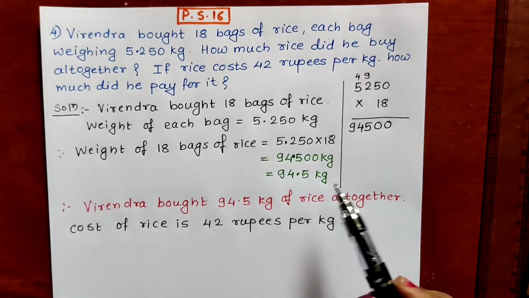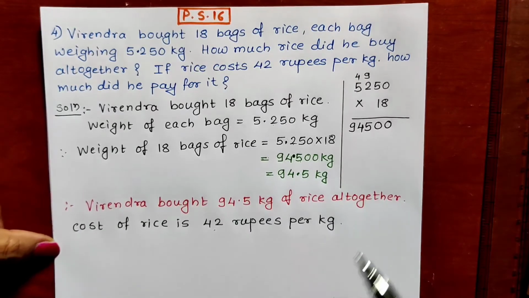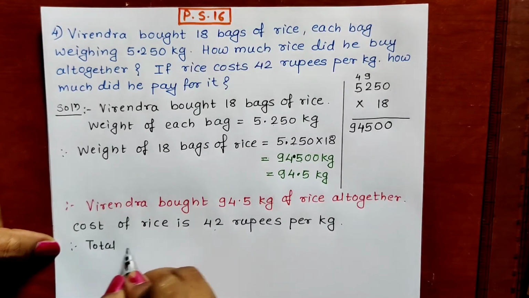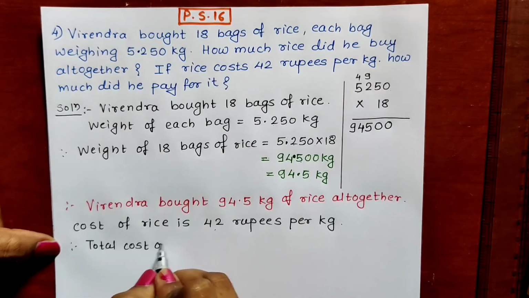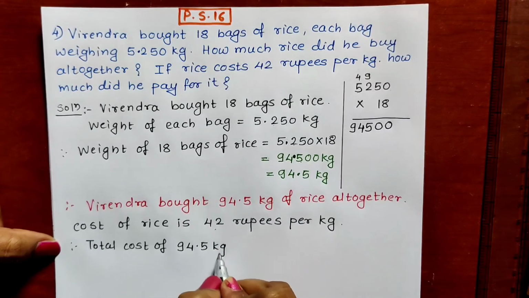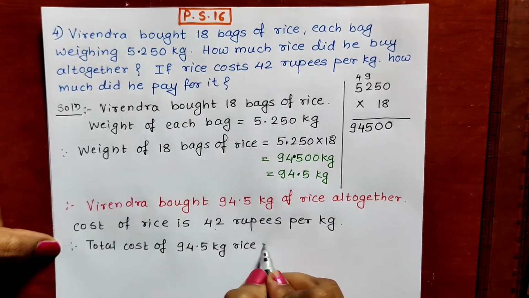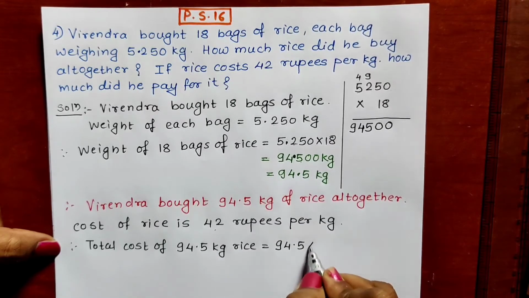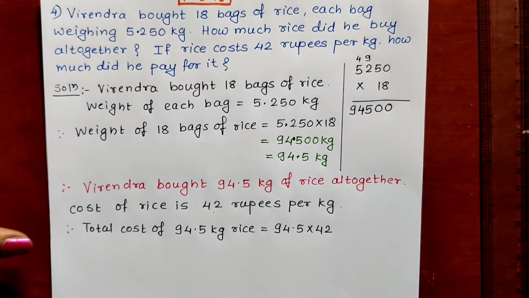Okay, so we have to find the total cost. Therefore, total cost of 94.5 kg rice. What we have to do? Again we will have to multiply 94.5 multiply by 42. Again we will be doing this multiplication here on the right hand side.